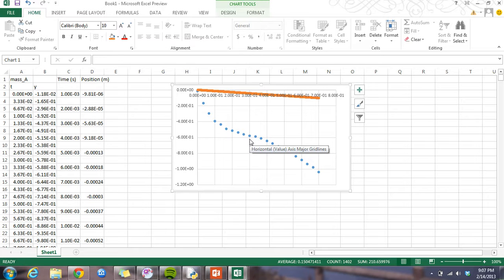So going over our tracked motion of each object, we see that when modeling these motions, you have to consider all the forces acting on the object to get a good representation of what actually happens. Thank you.